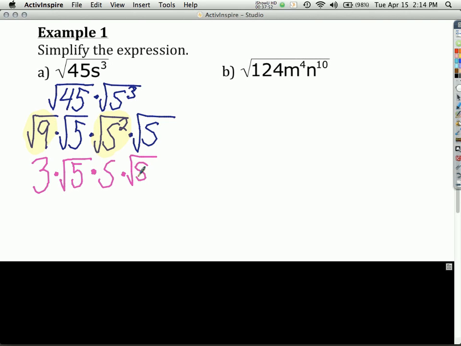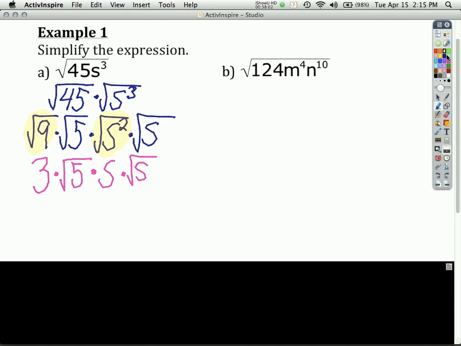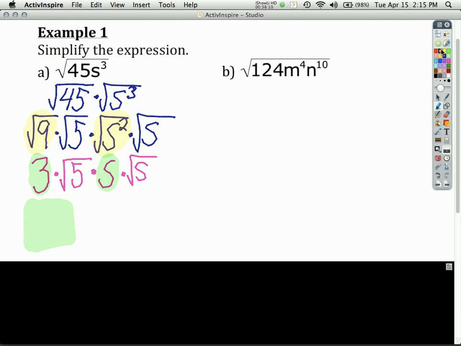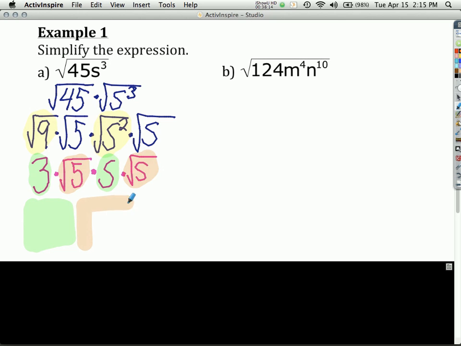Now, anything outside the radical goes to the front and gets put together. Anything inside the radical gets put together in one radical at the back. So this and this are going to come to the front right here, and then this and this are going to come to the back right here.